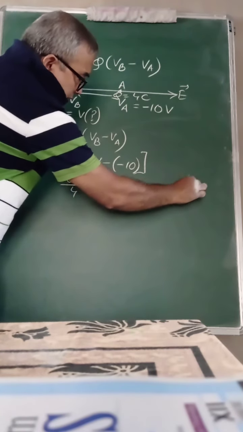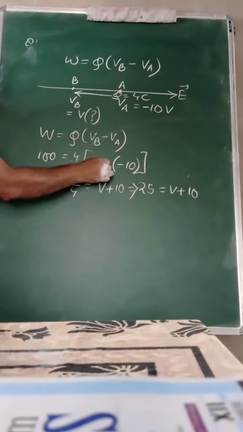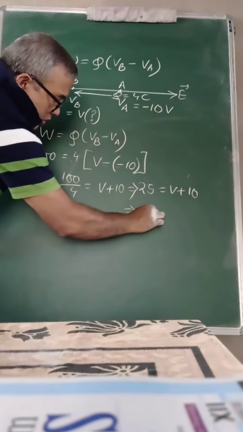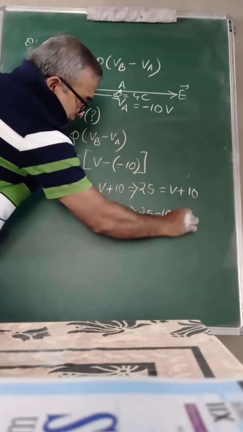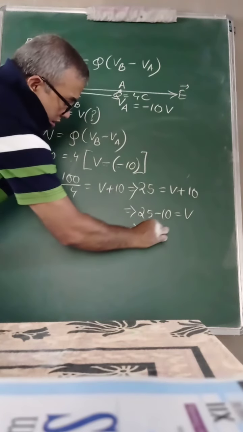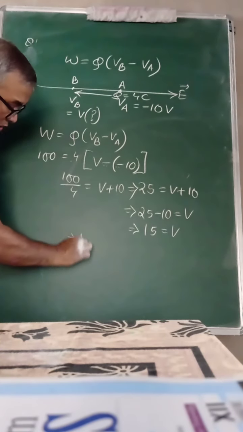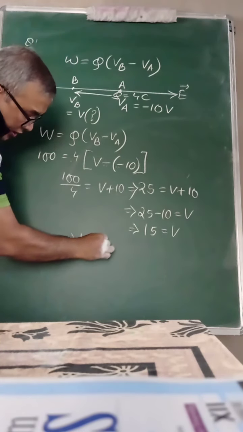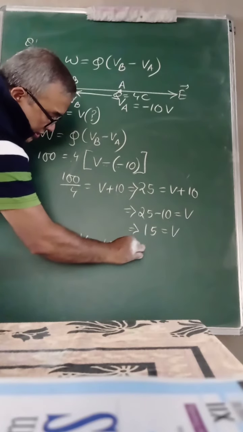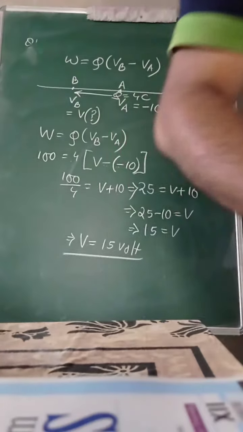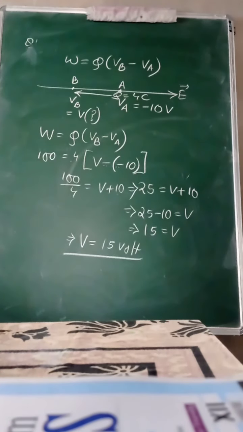So it is V plus 10, since minus times minus gives plus. So from here, 25 minus 10 is equal to V. Therefore, 15 is equal to V. This implies the potential of the second point is 15 volt.